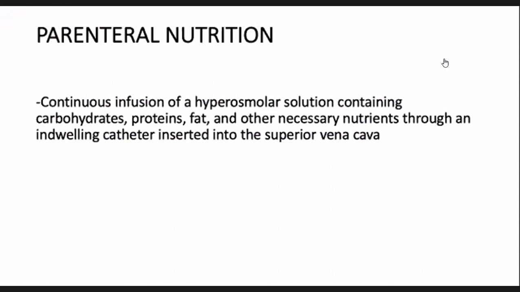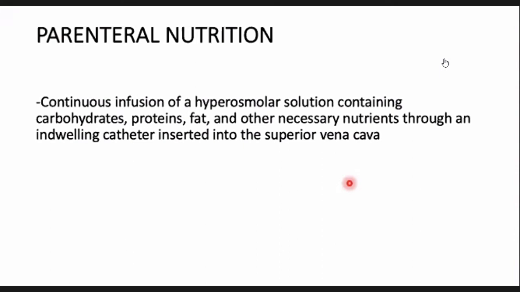Next is your parenteral nutrition. If the patient cannot tolerate enteral feeding, or if enteral feeding is insufficient to maintain the daily energy requirements of the patient, we give parenteral nutrition, which is continuous infusion of a hyperosmolar solution containing carbohydrates, protein, fat, and other necessary nutrients through an indwelling catheter inserted into the superior vena cava.